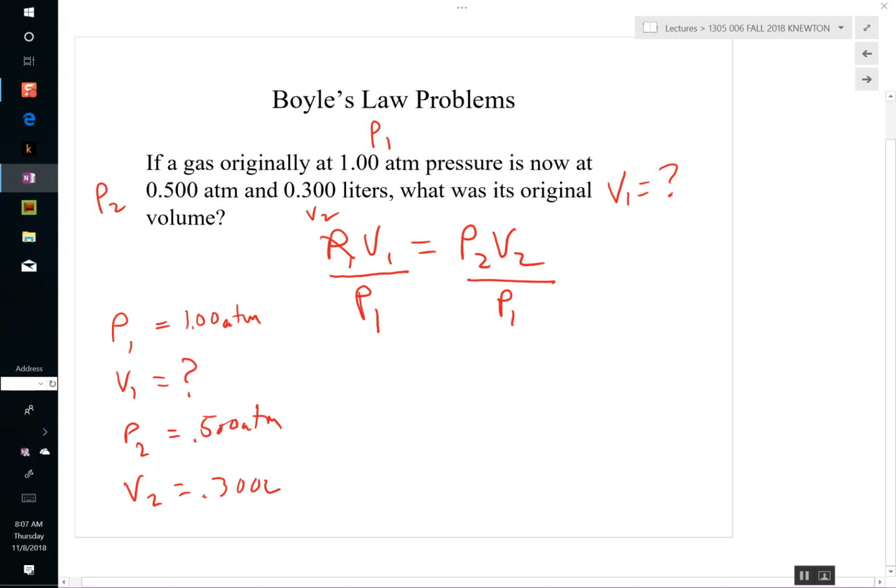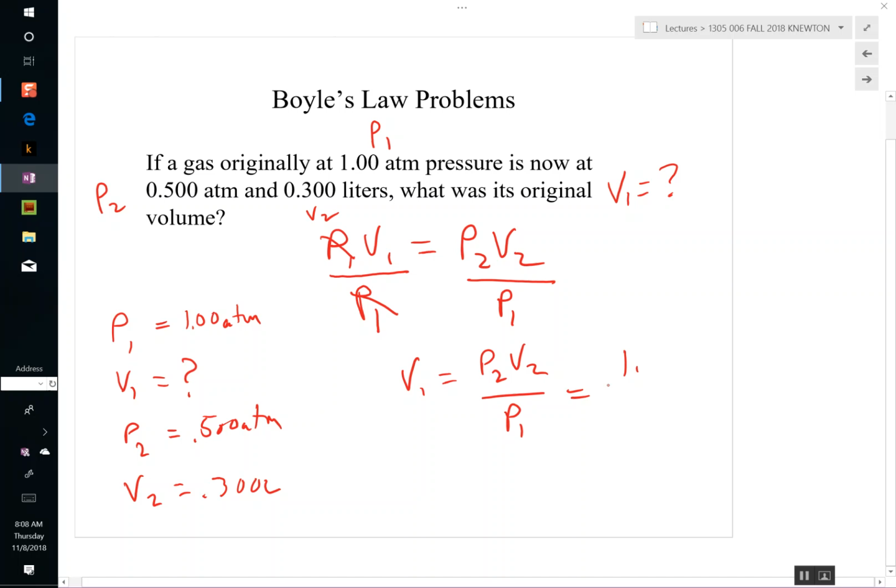You can work on these equations as long as you do the exact same thing to both sides of the equation, you maintain the equality. So I've divided both sides of the equation by P1, and that has maintained the equality.